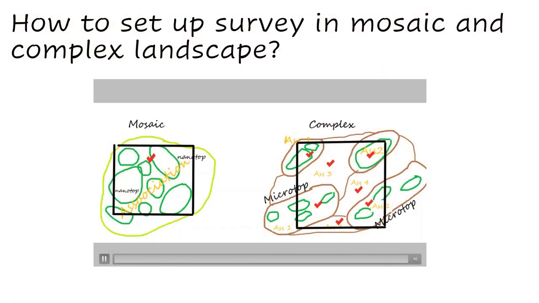Landscape. It's not rocket science, so you just place your plot for your relief, as we agreed, 200 square meters, for example. And in case of the mosaic landscape, you have to put your entire relief within the borders of this plot, as we did in this German site.